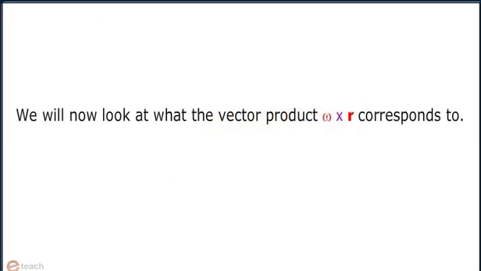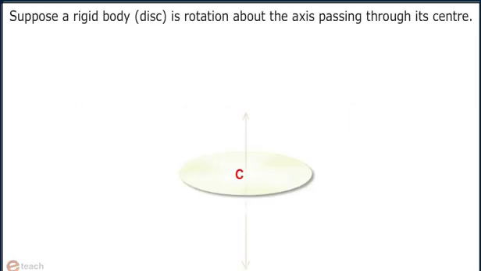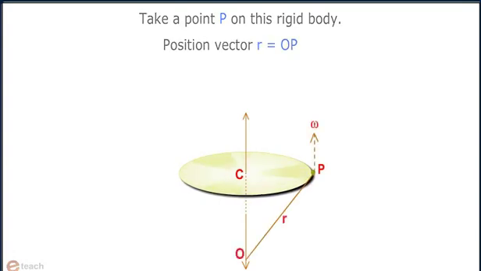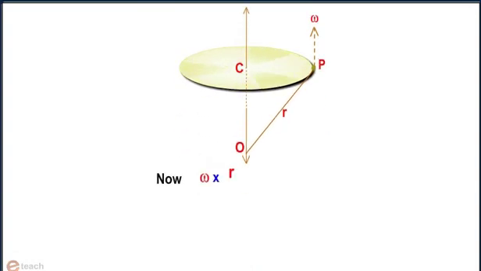We will now look at what the vector product omega cross r corresponds to. Suppose a rigid body disk is rotating about the axis passing through its center. Take a point P on the rigid body whose position vector r equals OP. Now omega cross r equals omega cross OP, where OP equals OC plus CP.